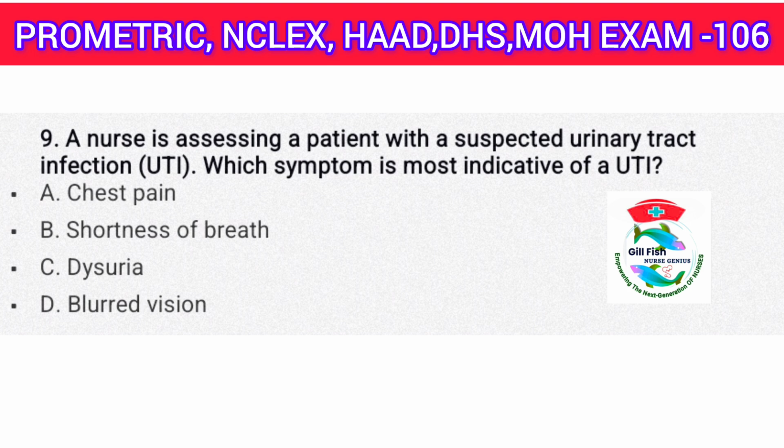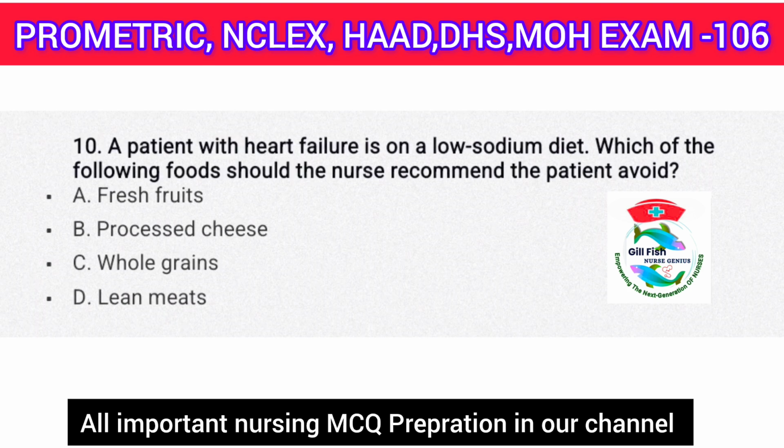Okay, fine. Next question. A patient with heart failure is on a low sodium diet. Which of the following foods should the nurse recommend the patient avoid? Option A, fresh fruits. Option B, processed cheese. Option C, whole grains. Option D, lean meat.